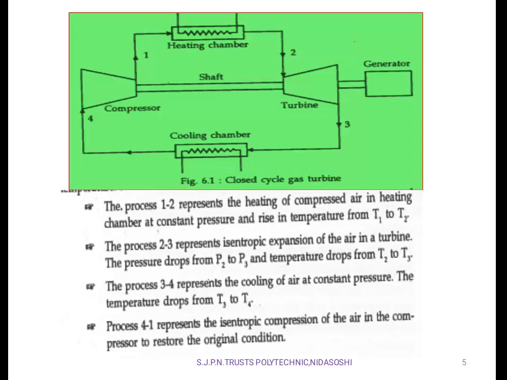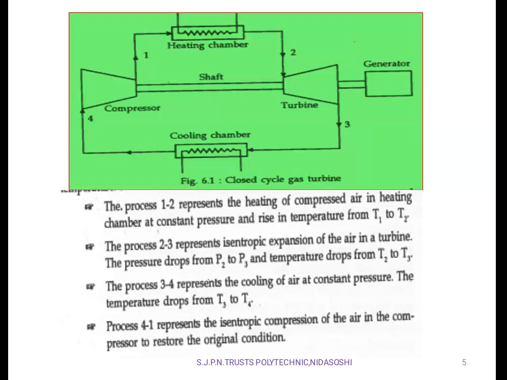The gas, while flowing over the blades, gets expanded, and it rotates the blades of the turbine, which develops the power.